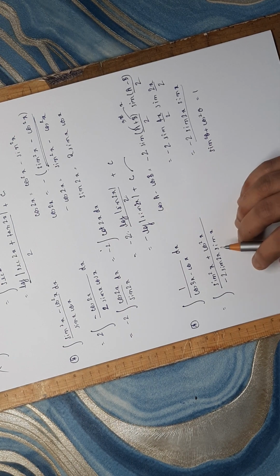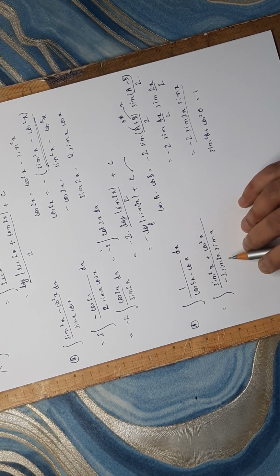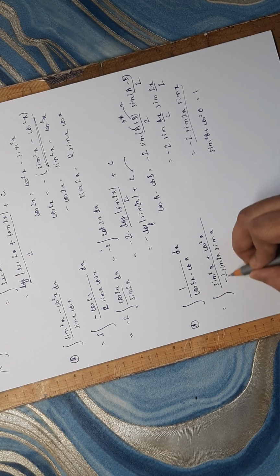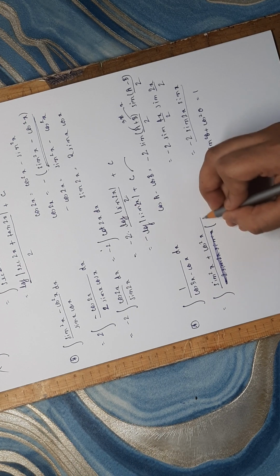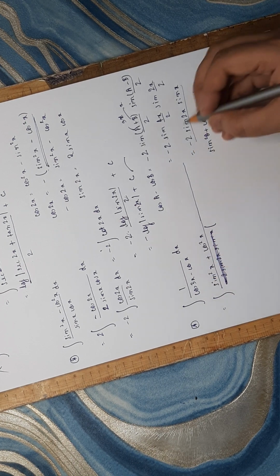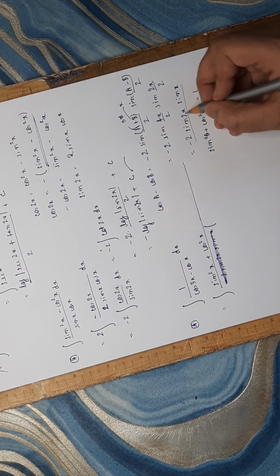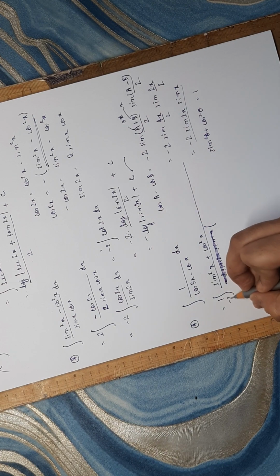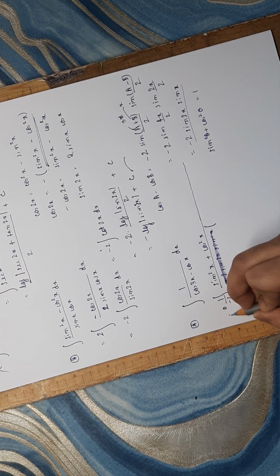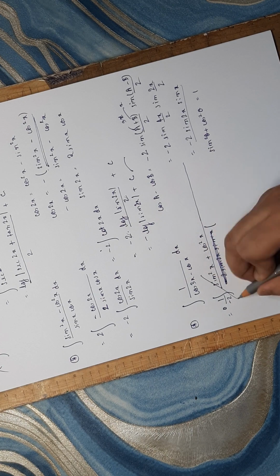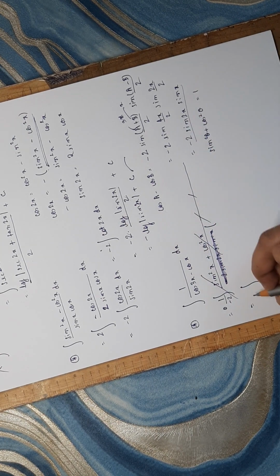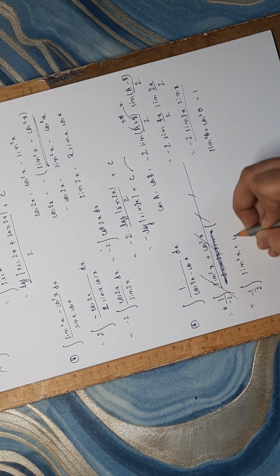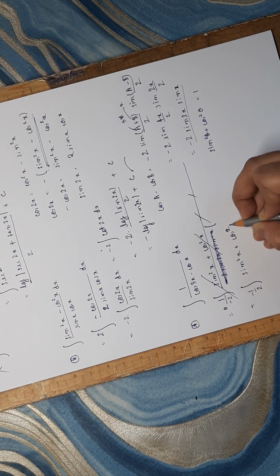Or maybe if you want, you can also break the denominator. Here you can take the minus 2 outside for convenience. Then in the numerator, we will have this one, as I told you.